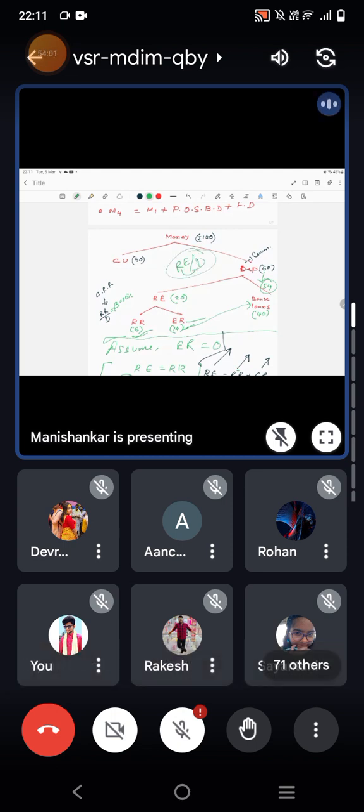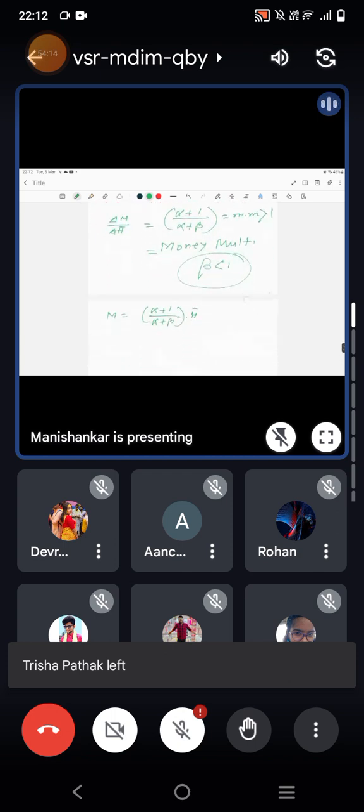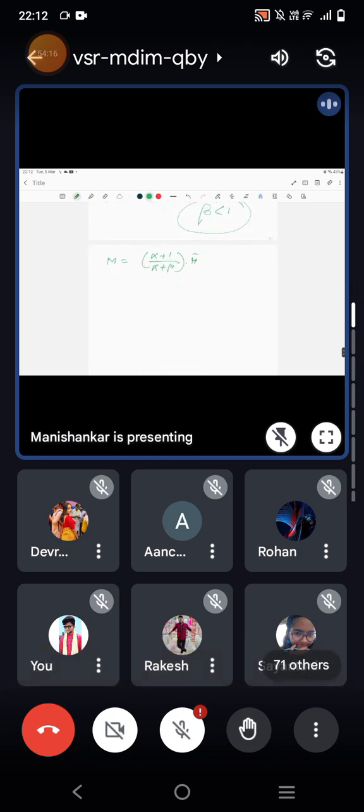Say reserve is 20 and deposit is 60, so 20 by 60, the value is 1/3, less than 1. So that's why the money multiplier is greater than 1. That means if you increase your high powered money by 1 rupee, the system can boost it by more than 1.